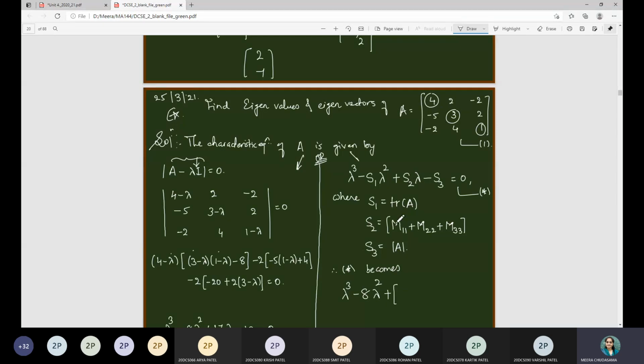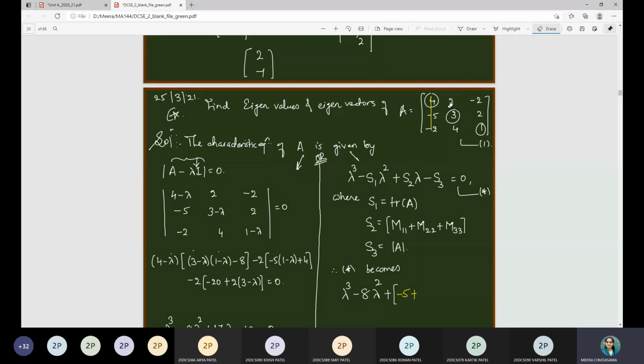S2 means the sum of the minors of the diagonal elements. Here if I erase the first row and first column, it gives me M11, the determinant of this submatrix, that is 3 minus 8, so here it will be minus 5, plus.